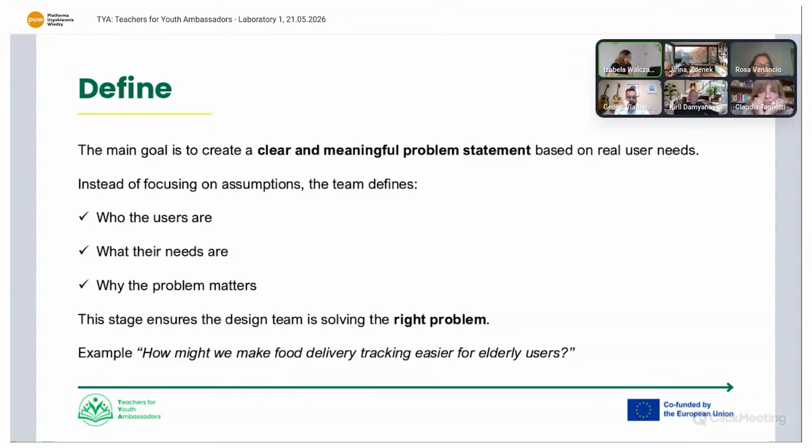Maybe there are some other options. So this is the possible output. What we are looking for here are patterns, motivations, repeated frustrations, something that comes up as an issue, something that creates a problem for users.